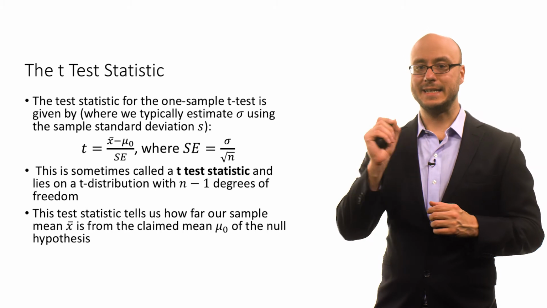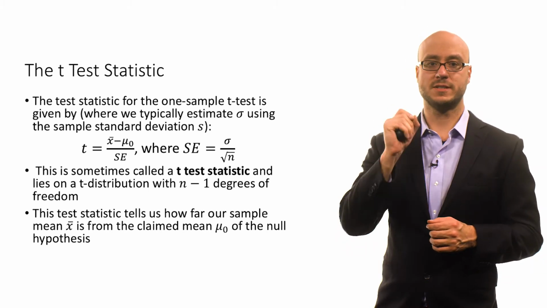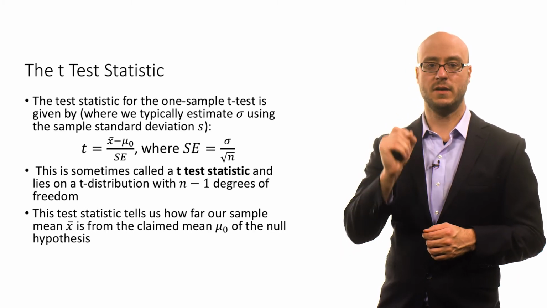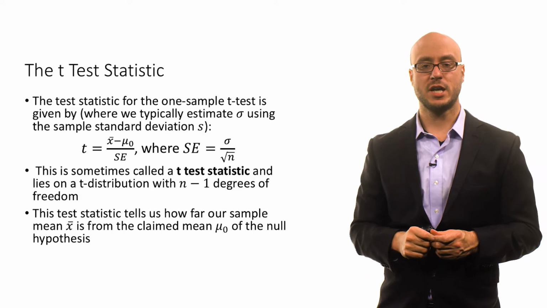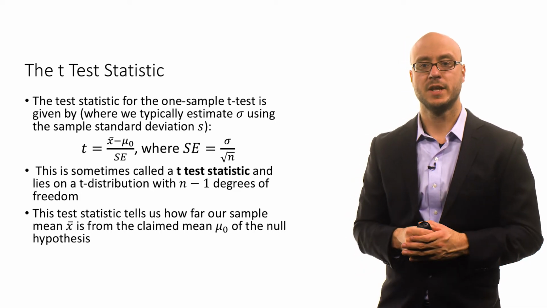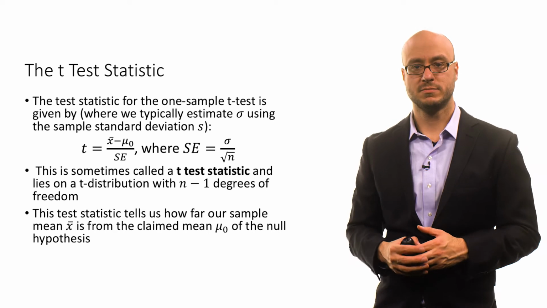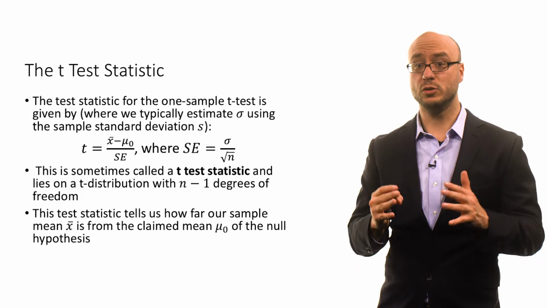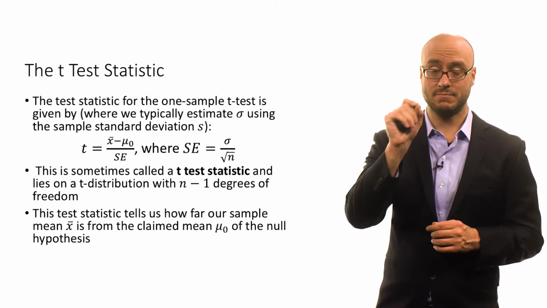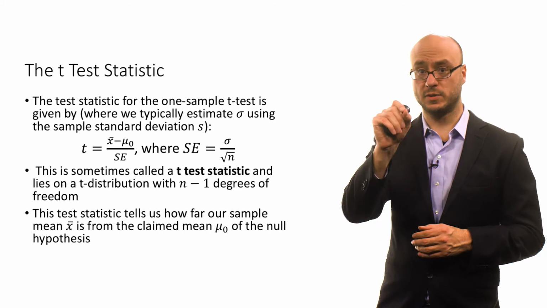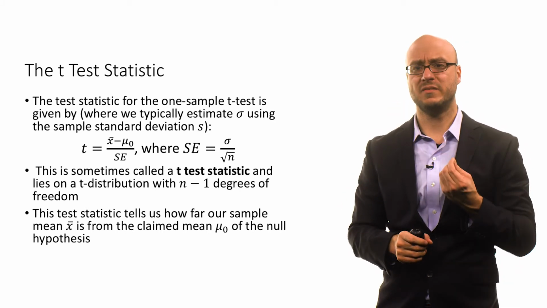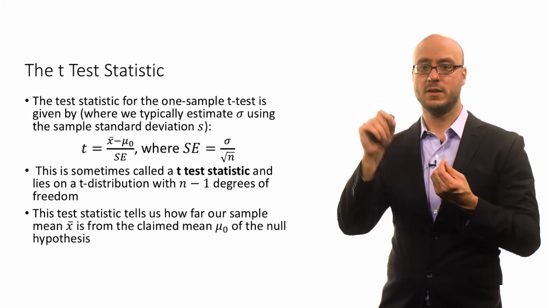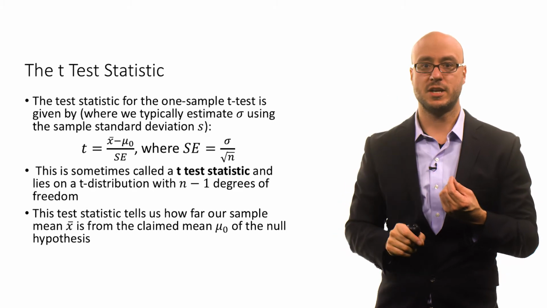The basic idea, though, is again, this t-test statistic tells us how far our sample mean x bar lies from the claimed mean mu naught of the null hypothesis. To put it another way, you can think of this hypothesis testing as doing the following. The null is saying the sampling distribution is centered on mu naught. Well, if that's true, if the sampling distribution of the sample mean is really located on mu naught, and we get the sample mean of x bar, how likely is it that we actually got this value of x bar, given the claim is that the sampling distribution is centered on mu naught?